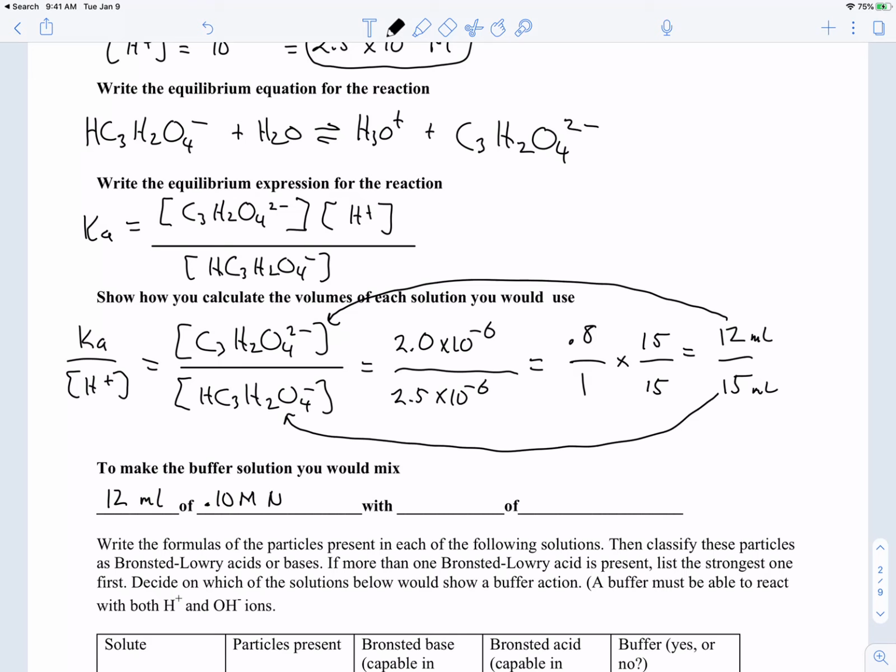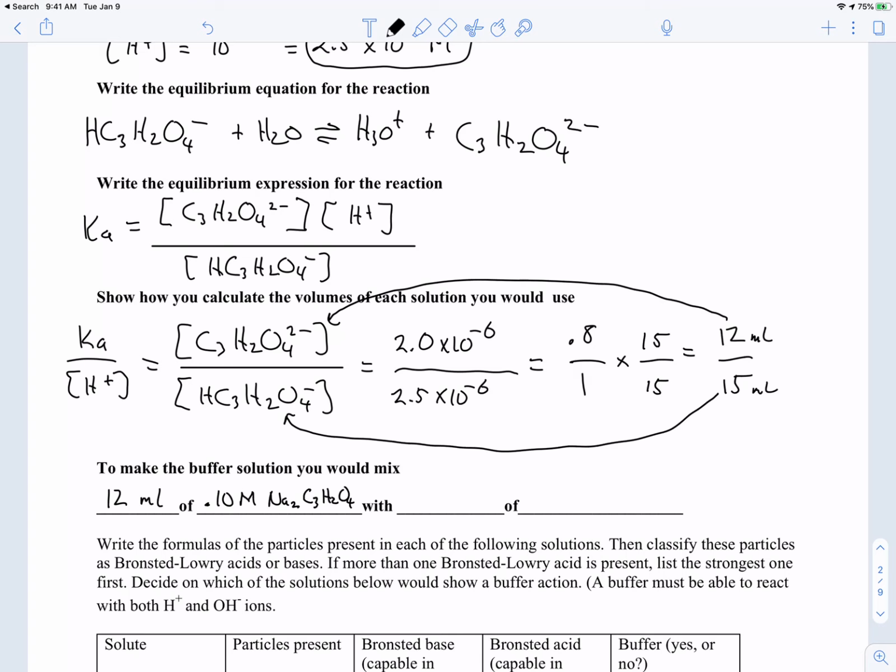Of sodium, okay, there's going to be 2 of them, C3H2O4, that's sodium malonate if you're interested. So we don't want to just write C3H2O4 2- because there's no bottle in the lab that says that.